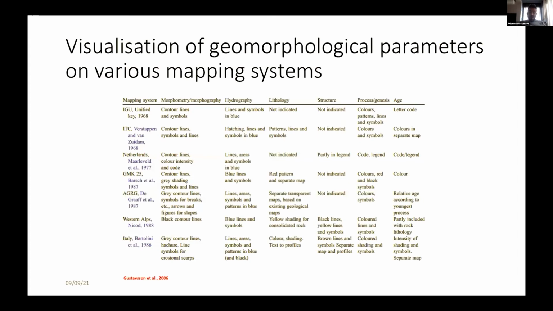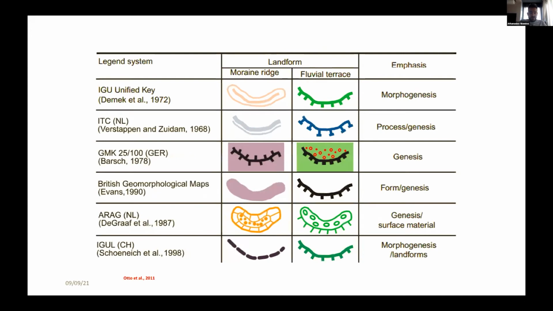It needs to be clarified that geomorphological mapping is not something new. The first geomorphological maps are more than 100 years old. However, as you can see on the table presented to you, the lack of universality and the complexity of the terrain on local and regional level led to various approaches on how a geomorphological map is created. Different schools lead to different product visualization. This can be even more visible in Otto et al.'s figure.